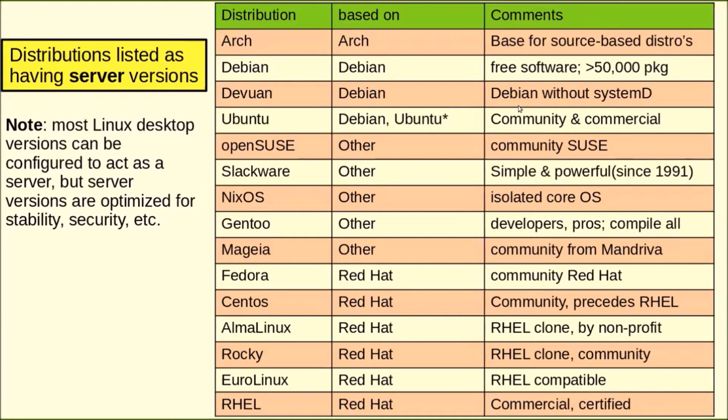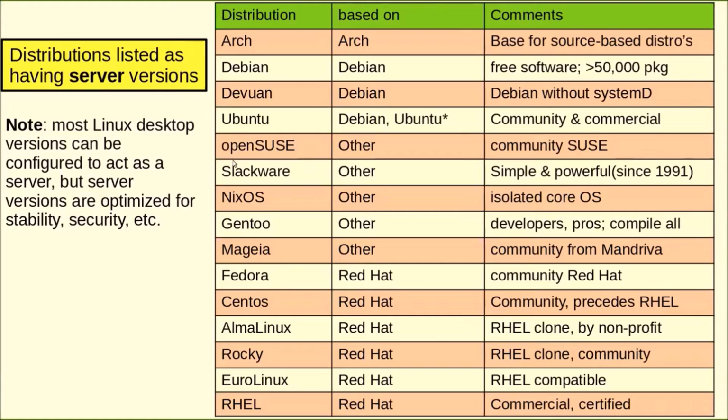Debian is simply Debian without systemd. If you don't know, it's just an initialization system. And there's some others. SUSE is another country in Germany. It's like Red Hat. And so they have a development branch called OpenSUSE. And then they have SUSE Linux Enterprise, which is their RHEL, R-H-E-L, commercial offer.